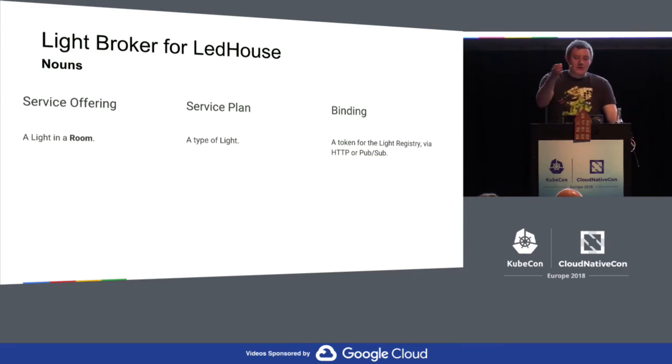So in my exact example, I have a bunch of rooms, and then I have colors, because I made a cute Copenhagen-themed demo board, which we'll turn on in a couple minutes. So those are the nouns. Oh, sorry. And a binding is a credential. So in my case, it turns into a token that I'd use on the API. So a bit of authentication, but I've abstracted the authentication away.